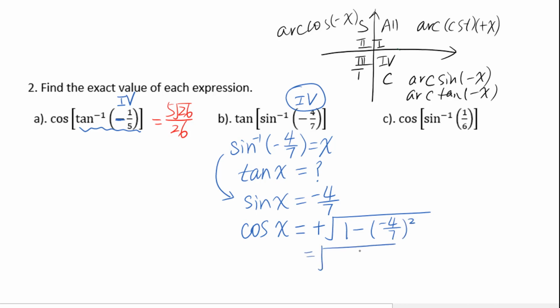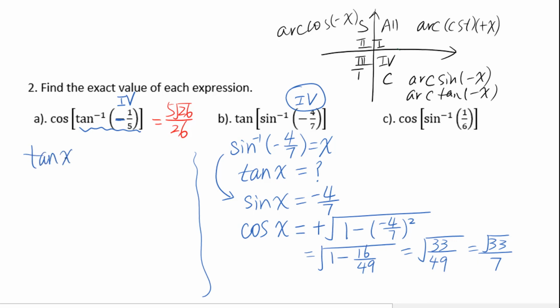You will get 1 minus 16/49. So you will get 49 minus 16, which is 33. You will get square root of 33 over 49. Then we simplify: square root of 33 over 7. Then tangent x equals sine x over cosine x.